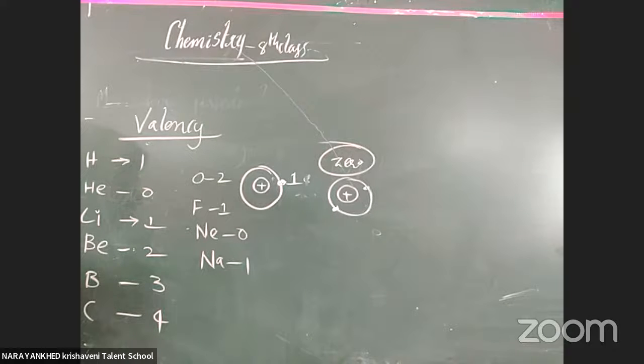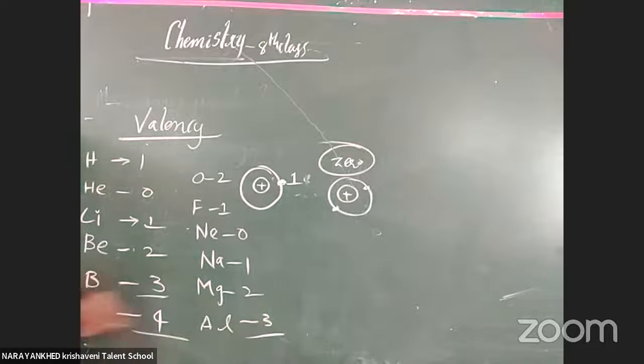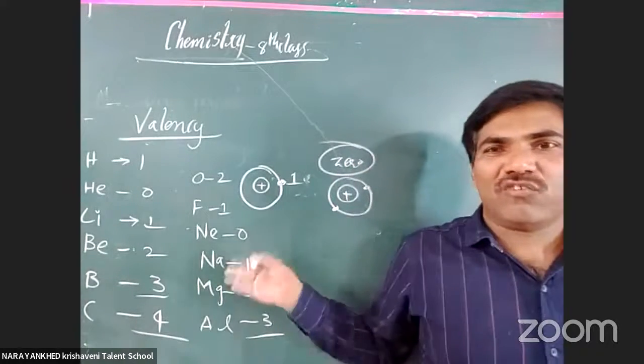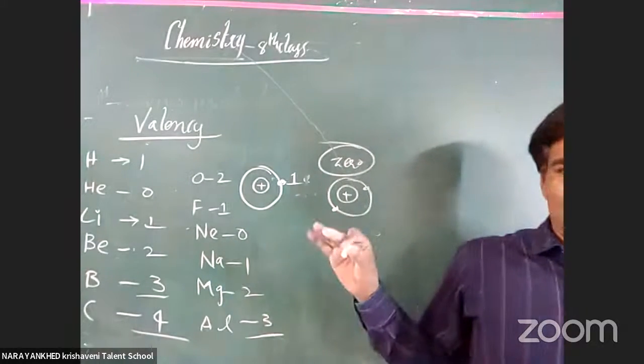Clear or not, all the students? Magnesium valency 2, aluminum valency 3. What are these 3s and 2s actually? That is the only doubt for you. What is this 2? What is this 1? What is this 3?